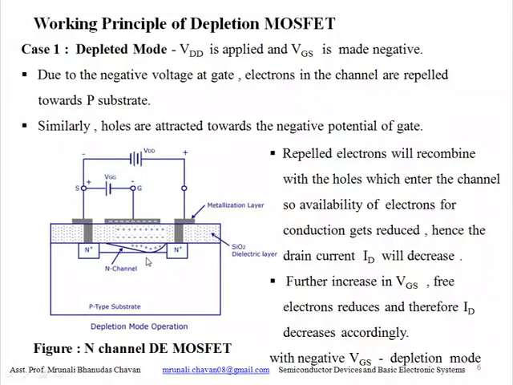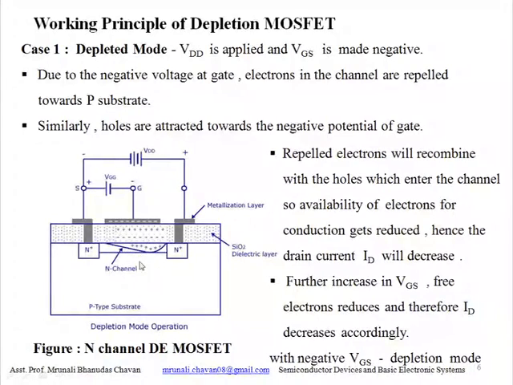With negative VGS, the MOSFET operates in the depletion mode. Why depletion? Because the channel is depleted of free electrons, so it is called depletion mode.